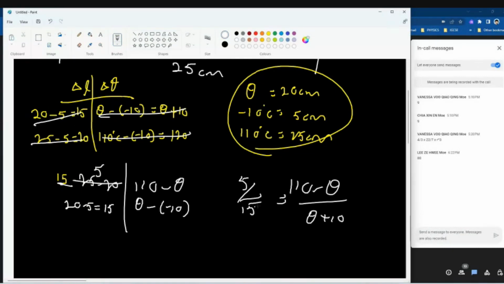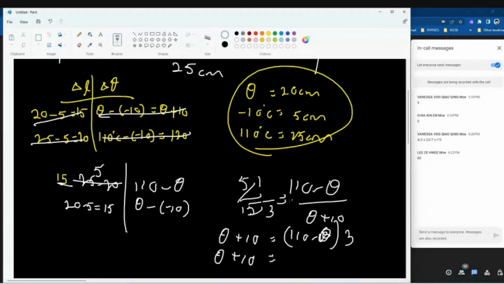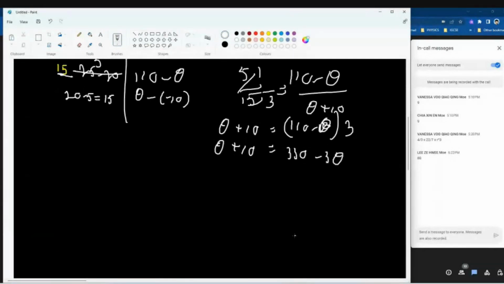So if you do so, 1 over 3. It means that you have theta plus 10 equal to 110 minus theta, multiply 3. Then you have theta plus 10 equal to 330 minus 3 theta.